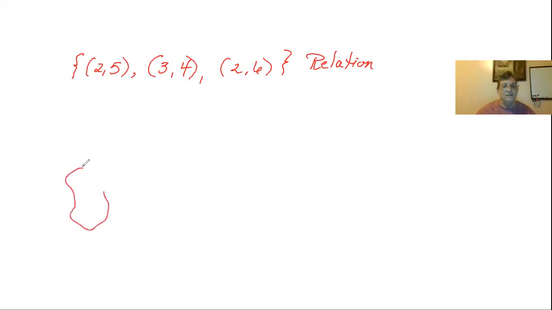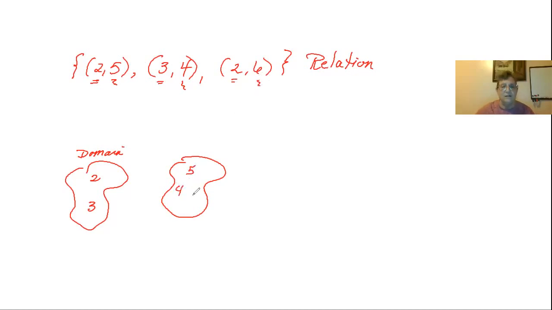If I look at this, if I've got the points 2 and 3, well, that's just 2 again. 2 and 3 are in the domain. And then 5, 4, and 6 would be in the range. So I could say, well, 2 maps to 5, and 3 maps to 4, and then 2 maps to 6.